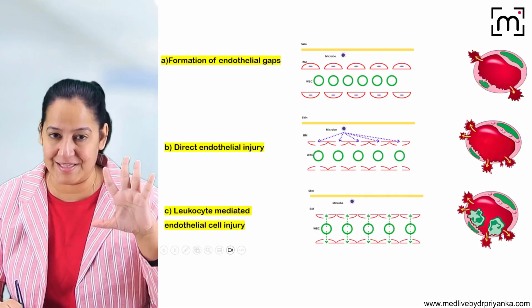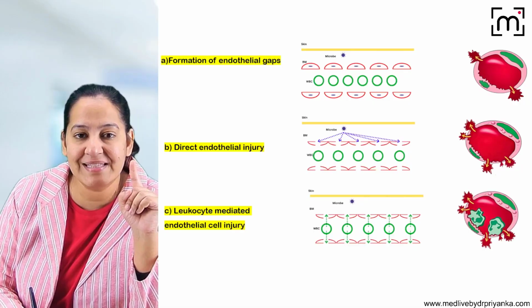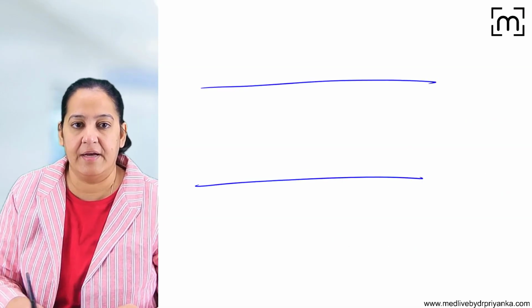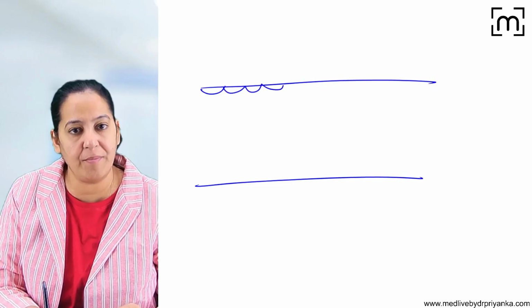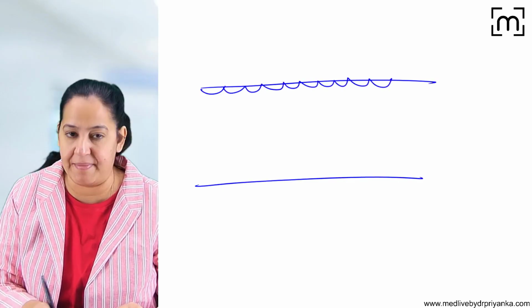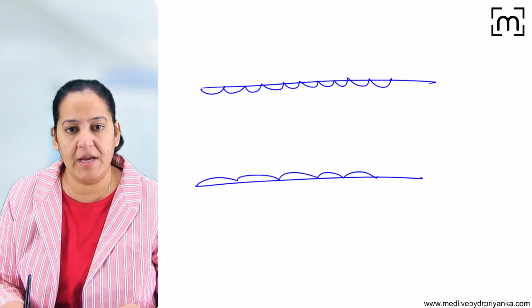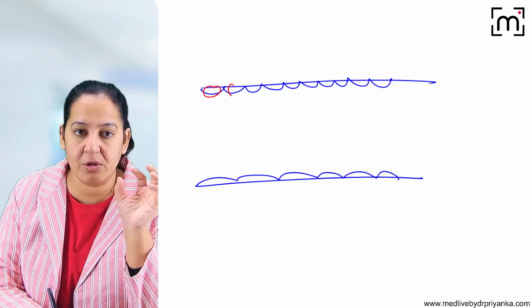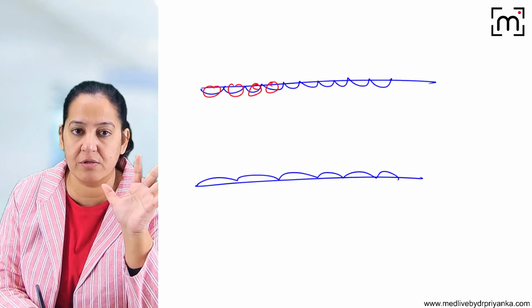See, there are 5 mechanisms. Can you see this is a blood vessel? This is the endothelial cell. Normally they are continuous with each other. There is no gap. Now imagine this endothelial cell undergoes contraction. This also undergoes contraction. This also.